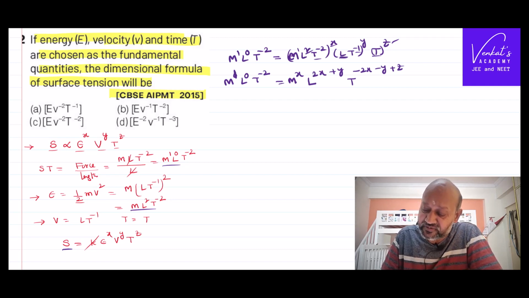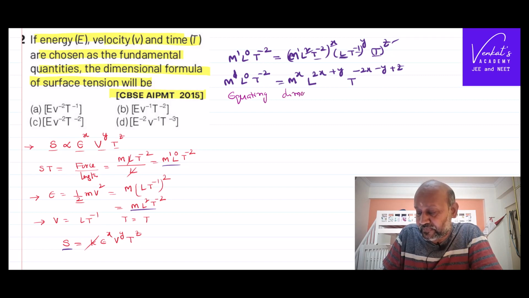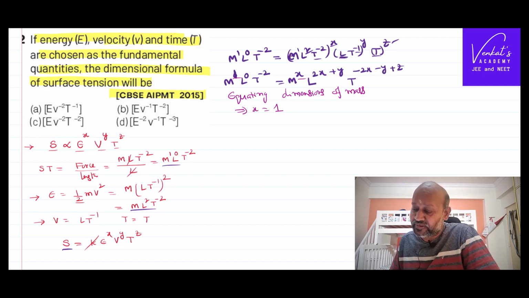So I can equate the dimensions of mass, here 1, here x. It implies I got x equal to 1. So I got already one value, x.